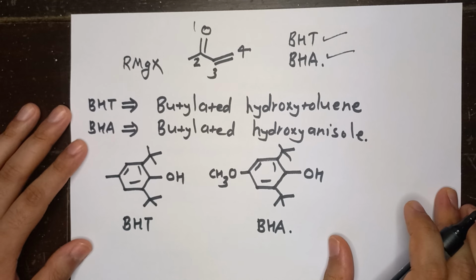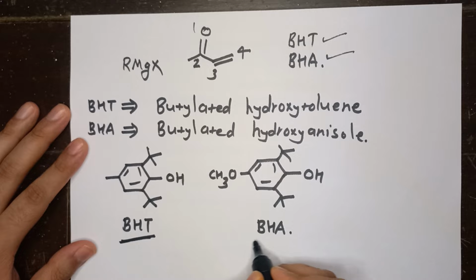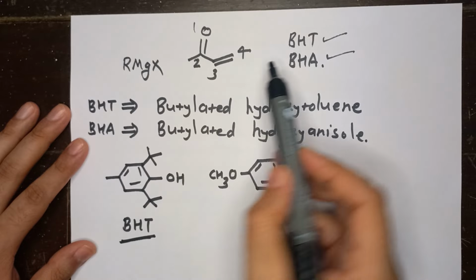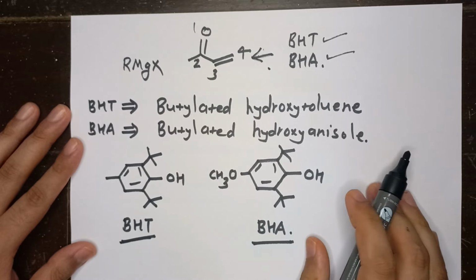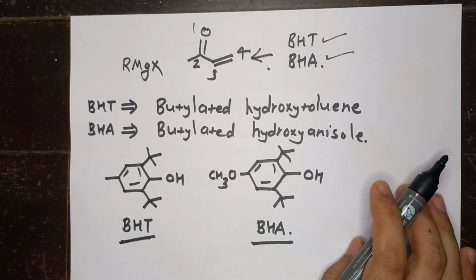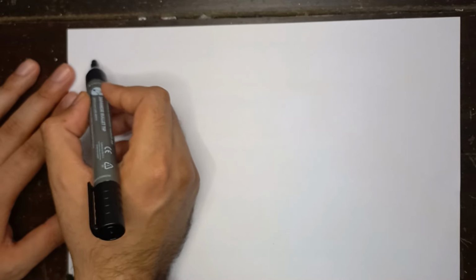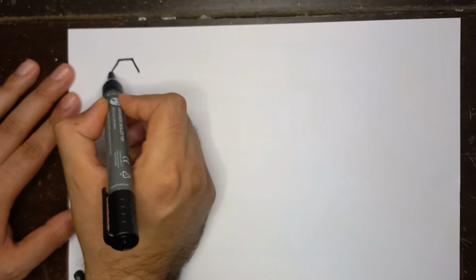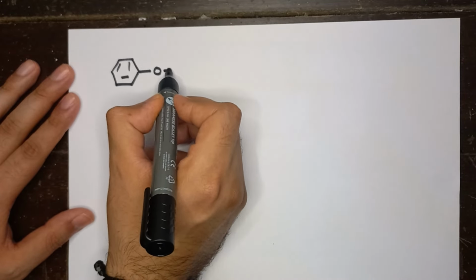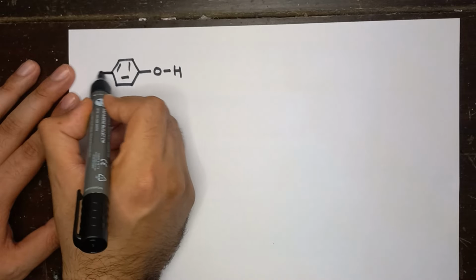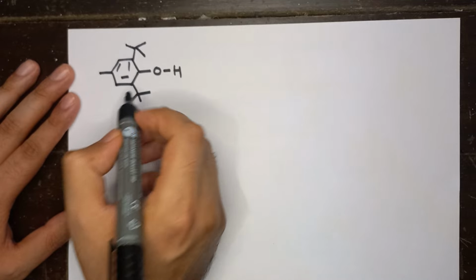So let me give you one example to make you understand that how by using BHT and BHA you can force your Grignard to add at 4th position. Okay, let's say I have BHA. So let me draw BHA. I'm purposely writing this as OH. So this is my BHT.